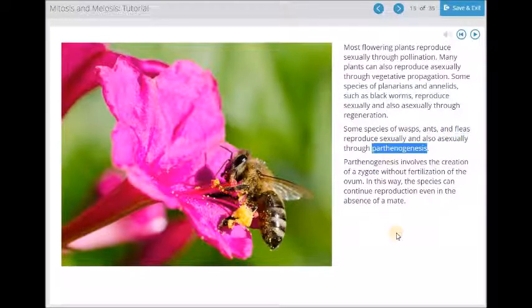The female can go through something called parthenogenesis, which is where they create a viable zygote, which will become a fetus, which will become a living thing without being fertilized by a male. So parthenogenesis can create offspring without a male present. It's a little weird, and again, it has the problem of not having the genetic diversity that you get from sexual reproduction. But if you're down to just a few females, this could keep the species going.